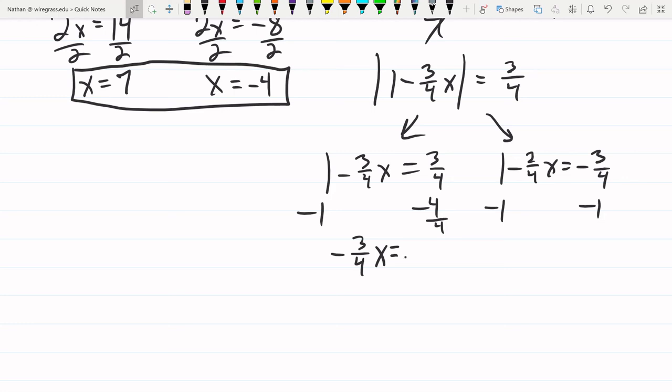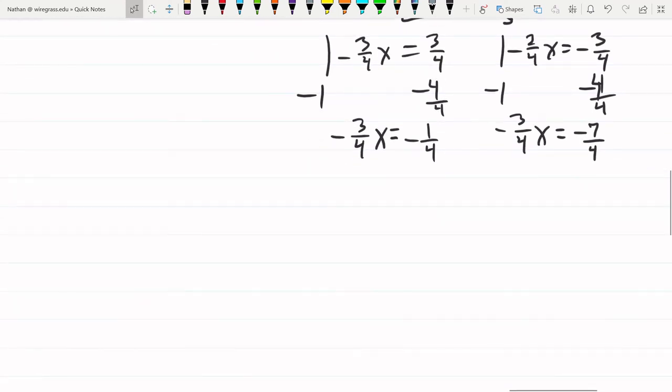It's going to be negative 1/4. And then negative 3/4 x. Again, we have 4/4 here. It's going to be negative 7/4. Now we can either divide by negative 3/4 or the same thing as multiplying by negative 4/3 to both sides.